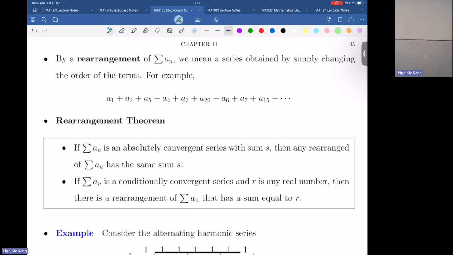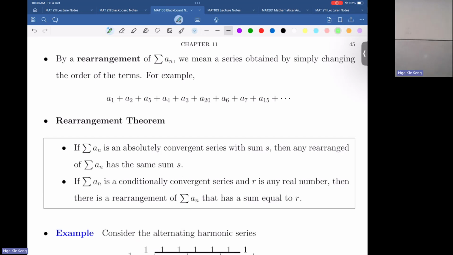For here, you can do plus plus plus a bit, and then minus minus minus a bit, and then plus plus plus a bit, minus minus a bit. Then go around this r. And then Riemann proved that it's possible to converge to r. Okay. This proof is not hard, but a bit long.